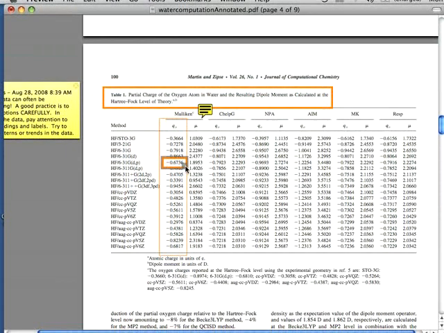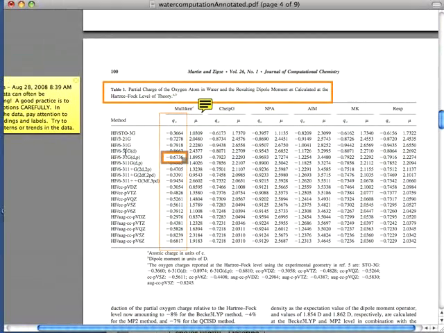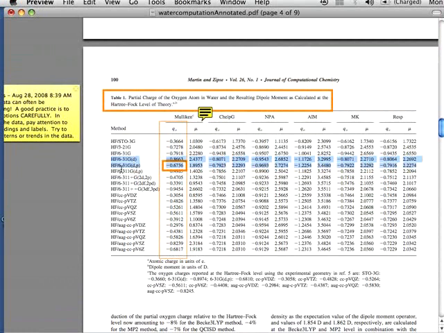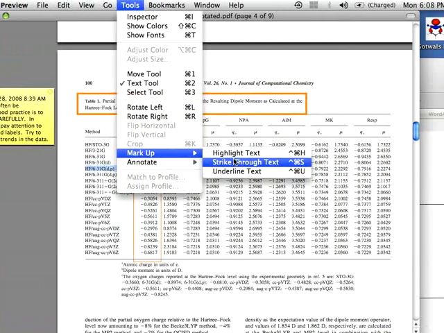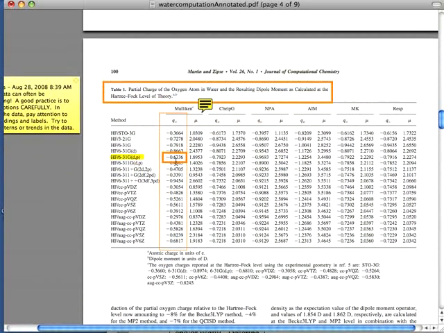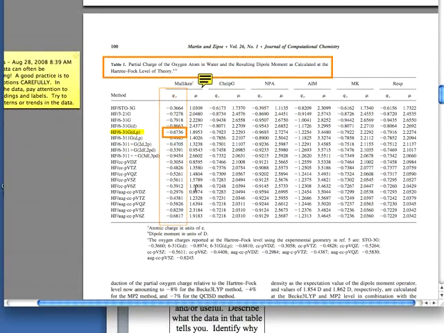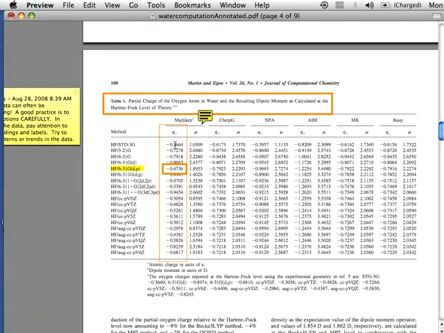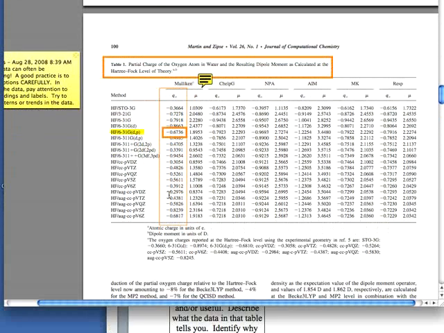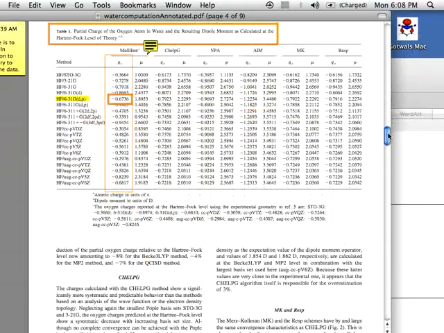Yes, I can. Whatever this method is right here does a pretty good job of getting close to that minus 0.66. So are there any that are any better? That's probably pretty close to the best one. So again, just doing a quick run through of the data is sometimes a helpful thing to do.